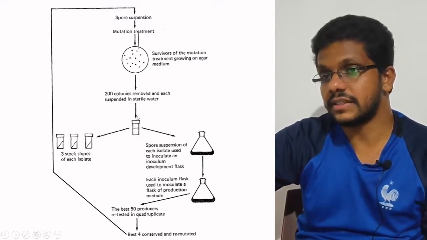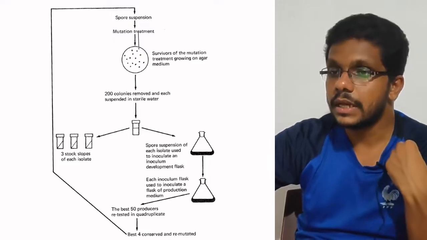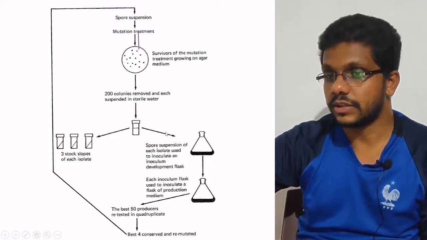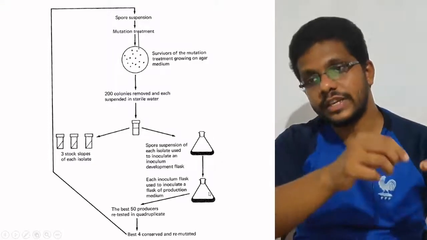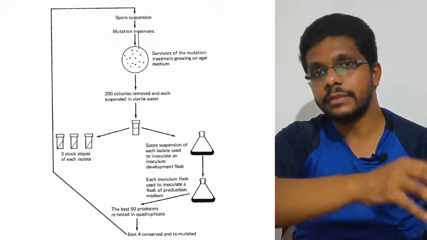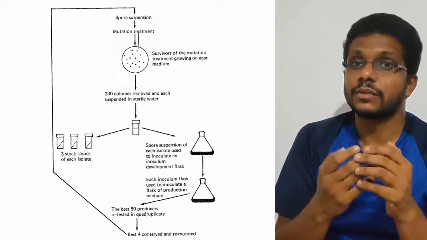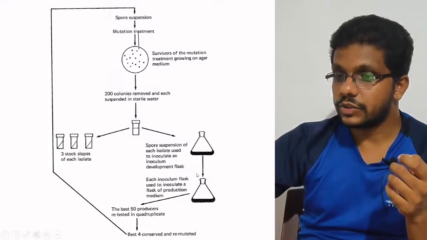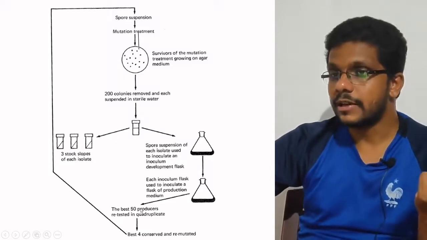We already discussed the preservation techniques that can be used for the preservation of microorganisms. From these vials we take one and go for the seed fermentation and the production fermentation. Each of these 200 colonies will be grown in conical flasks for production, and we will see what the productivity of the organism is and its other characteristics. After this, from the 200 we will select the 50 best producers after mutation.